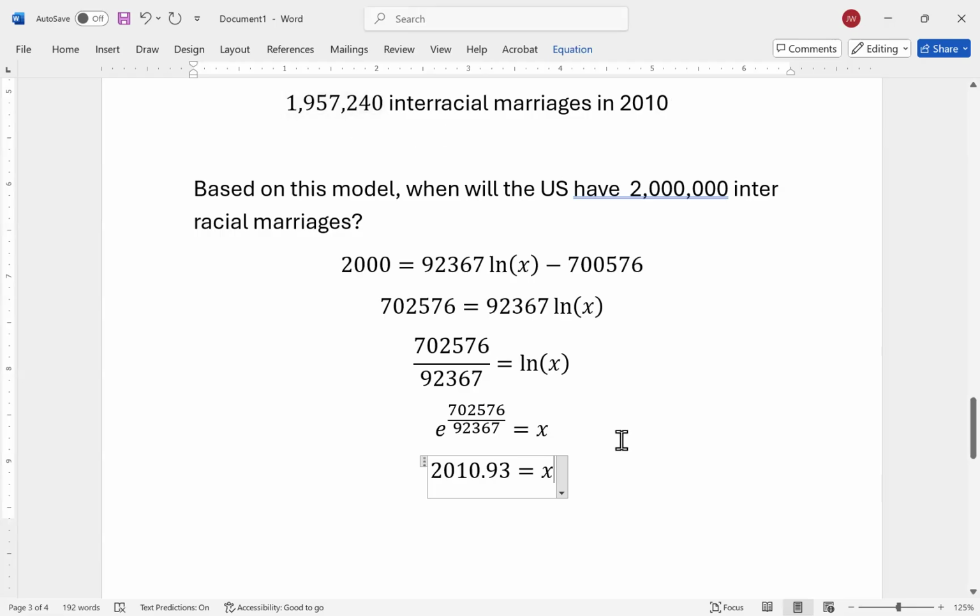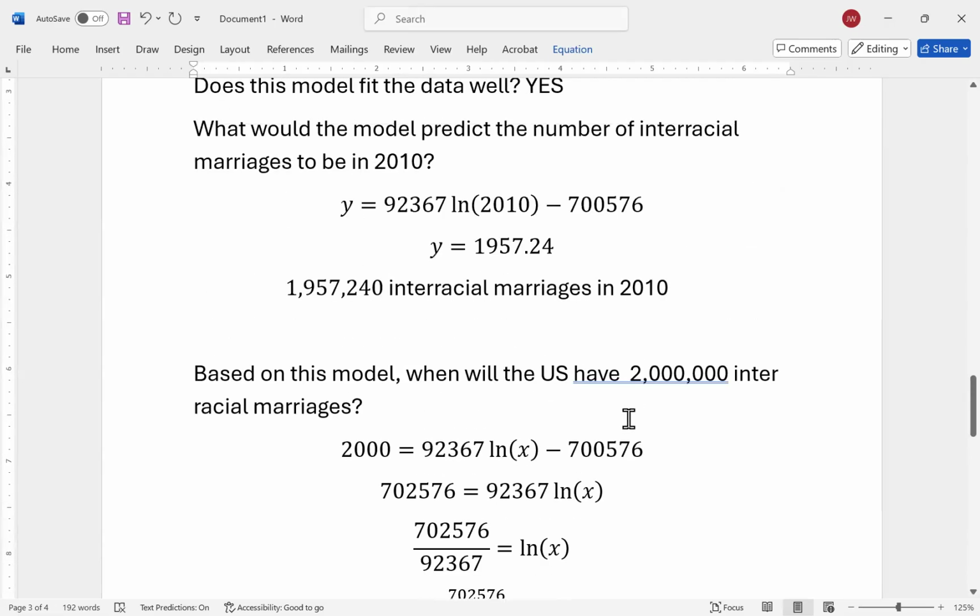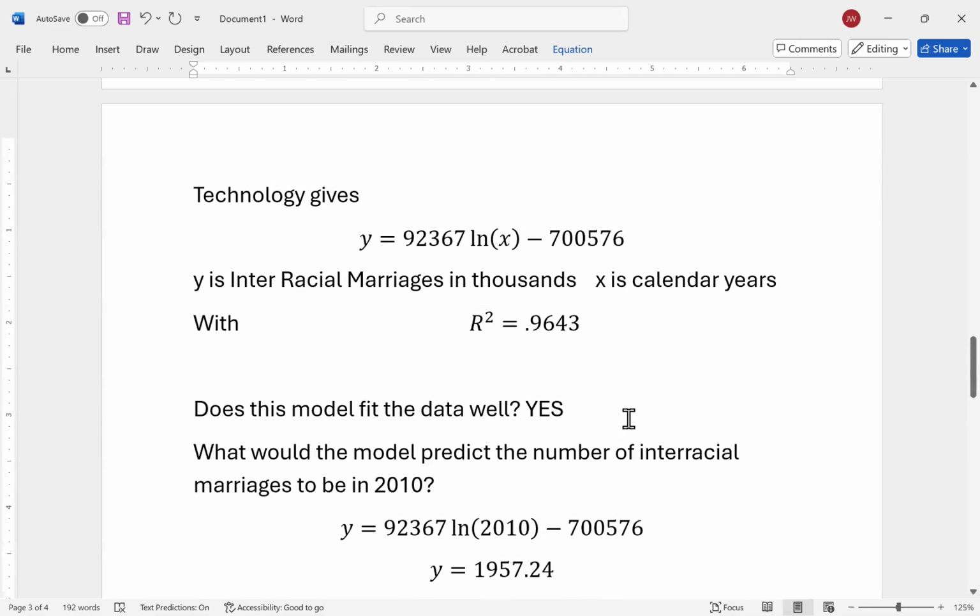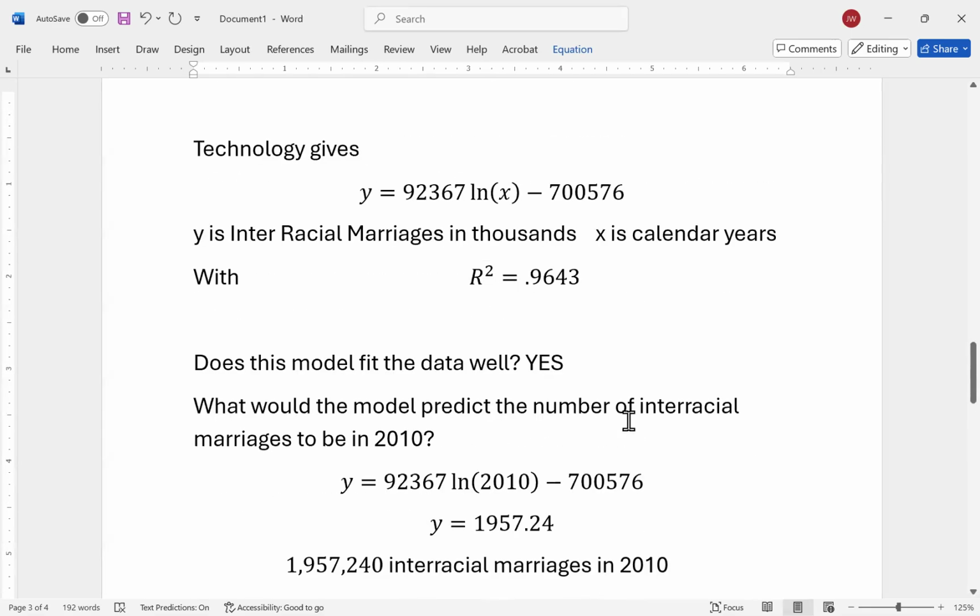But once you get to 2011, then you get over 2 million interracial marriages in the United States. So there you go. That's what this type of data looks like. And that's how you could do a logarithmic regression model.